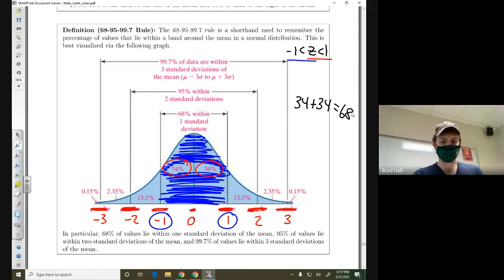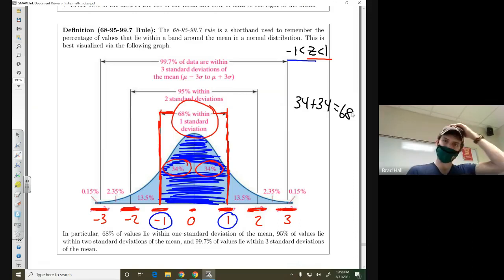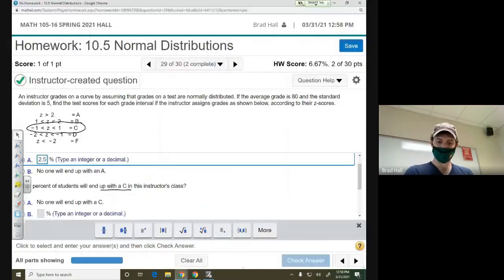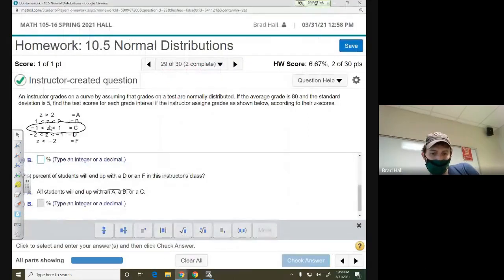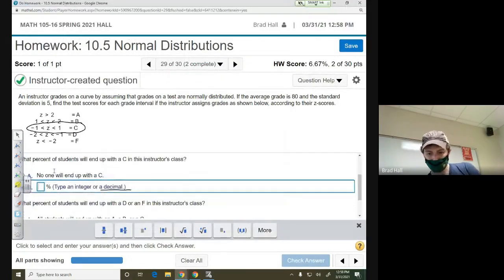Or you may have also seen that -1 and +1 represent one standard deviation from the mean, which gives you 68%. So that's two different ways you could look at it, but in any case we get 68% nonetheless. So let's put 68 for the next part.